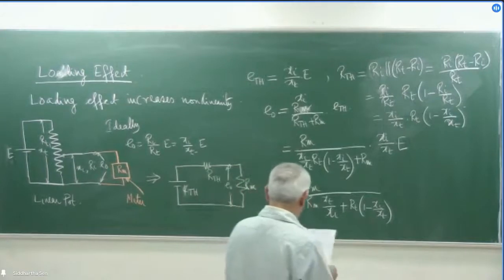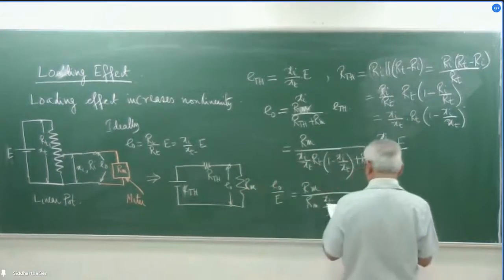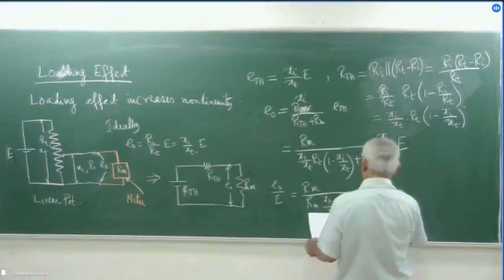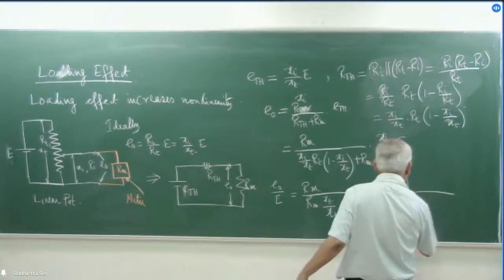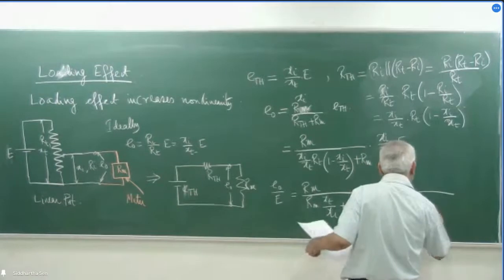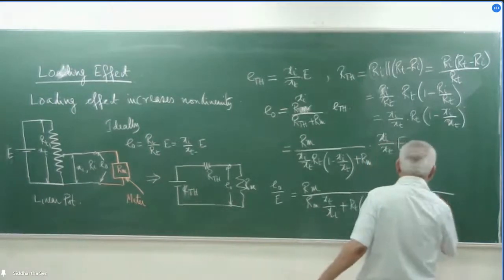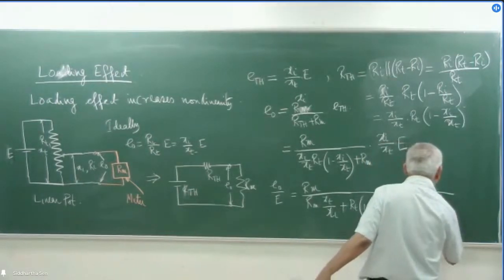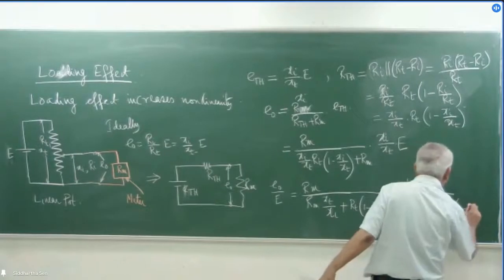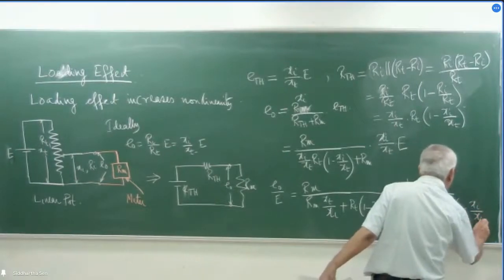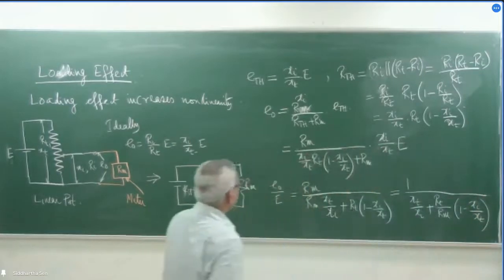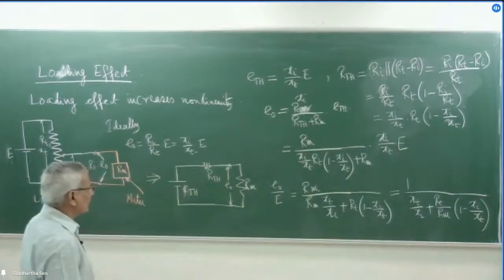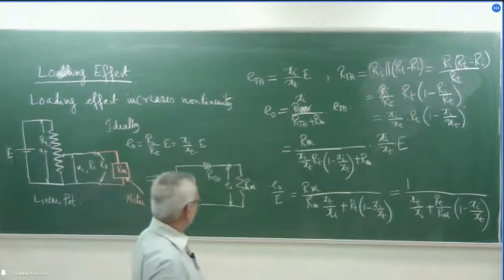And this can be further written as equal to 1 divided by Xt by Xi plus RT by Rm into 1 minus Xi divided by Xt. Is it okay? I think this relationship looks to be okay.